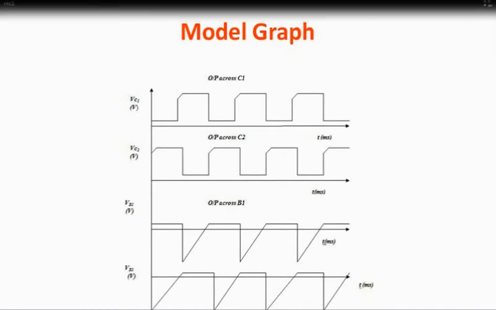When VB1 reaches V on, then Q1 is turned on. When VB2 reaches V on, then transistor Q2 will be in the on condition. This way, with the astable multivibrator, the output will be generated.